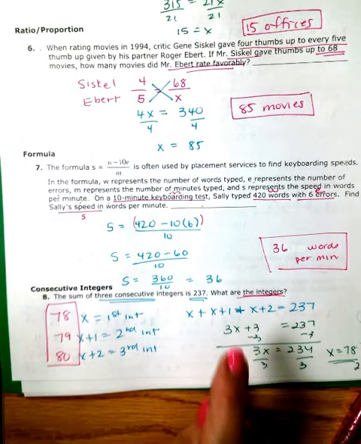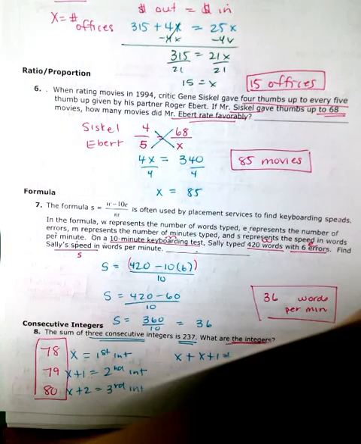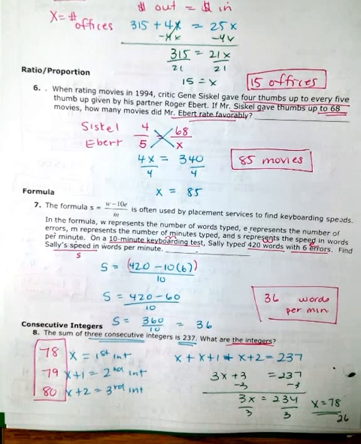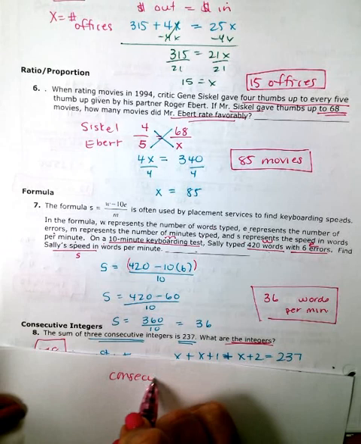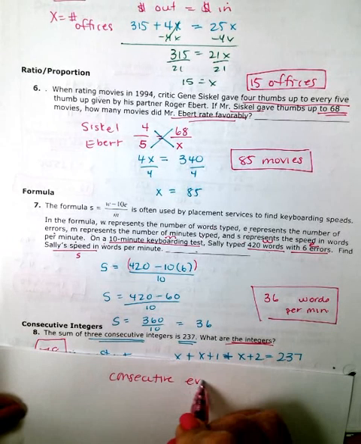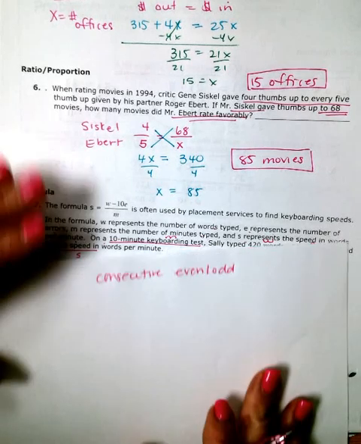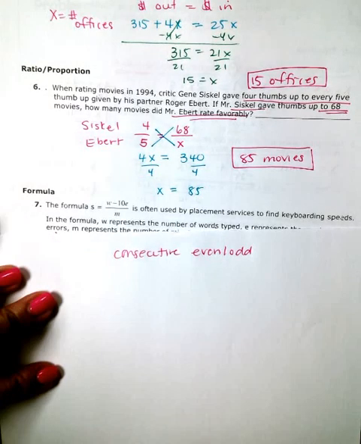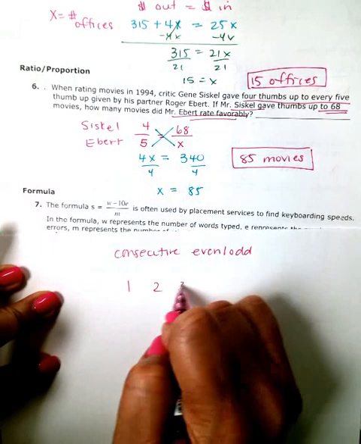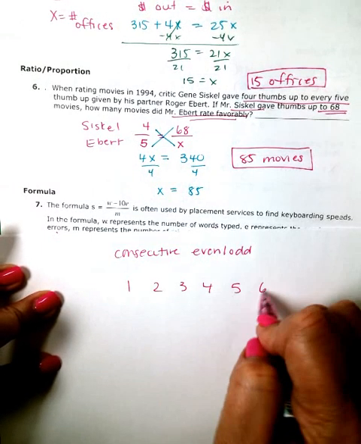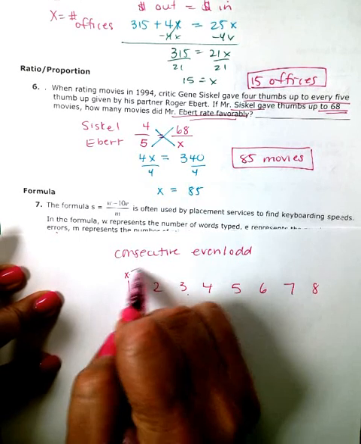Just as a sidebar, you might see something that says consecutive even or odd. They're not harder, they're a little different. But if you think about them, they set up the same way. If I have just some numbers right here, if I'm at 1 and he's x and I want the next odd, what did I have to do?